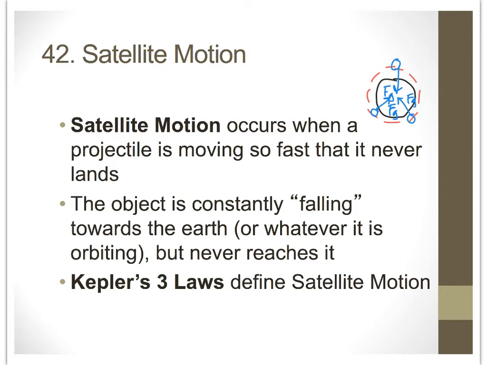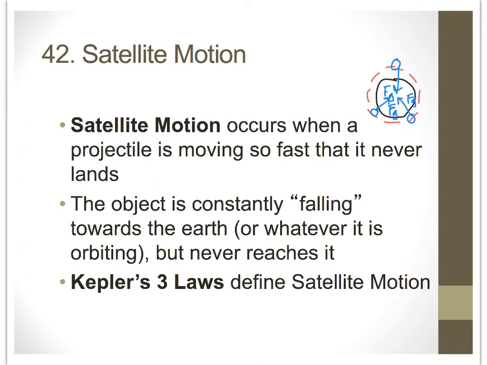We have that inward force of gravity constantly pulling the object towards the center, but like we said, it's traveling so fast that it never actually hits that, and it begins to go around the earth. So we're going to have this inward acceleration that we talked about with circular motion. I should point out that not all orbits are circular, but a lot of the ideas that we talked about with circular motion are going to apply to non-circular orbits as well, and we'll look at that as we go through this unit.